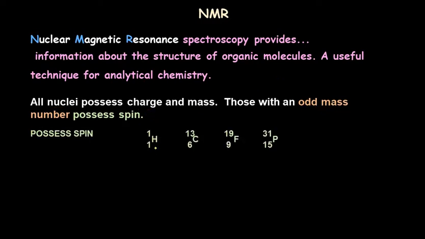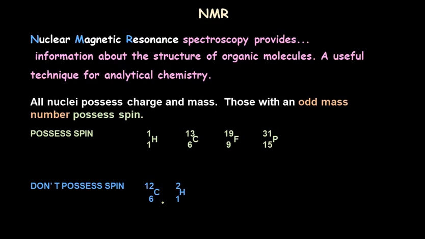For example, here we can see that hydrogen has mass number 1. Carbon with mass number 13, not C12, will possess the spin. Similarly, fluorine with mass number 19, which is again an odd number, and phosphorus with mass number 31, again an odd number. Such nuclei of these elements will possess the spin and can be easily analyzed under NMR spectroscopy.